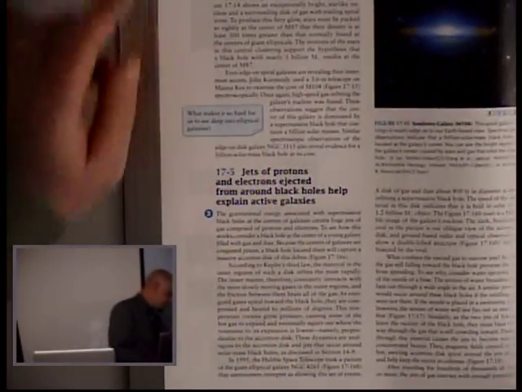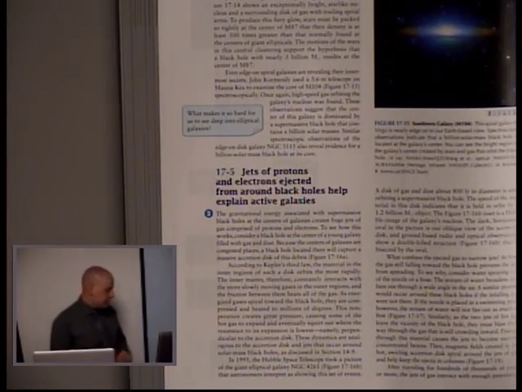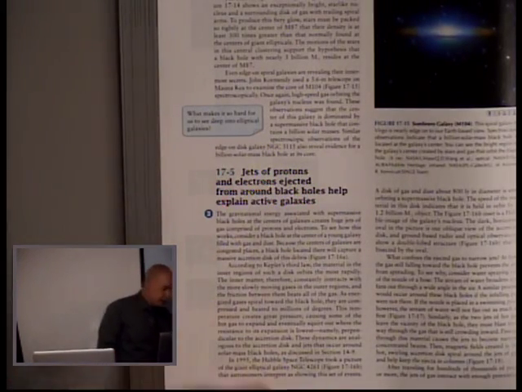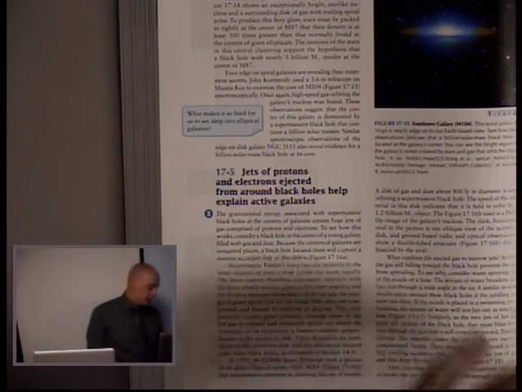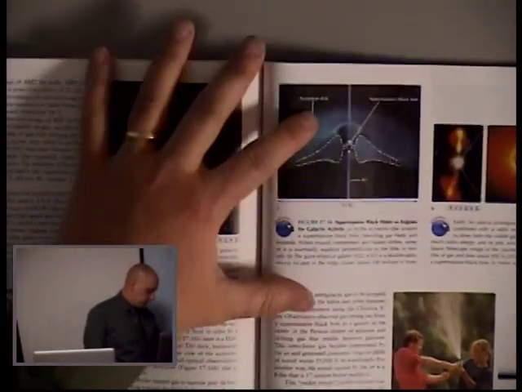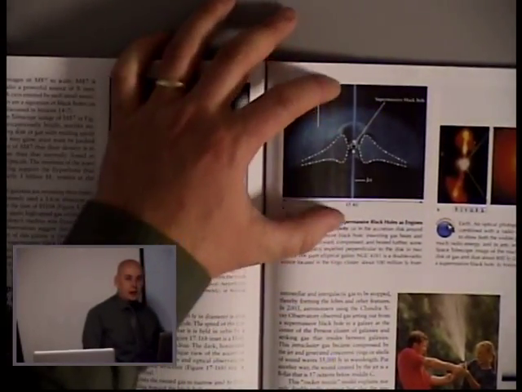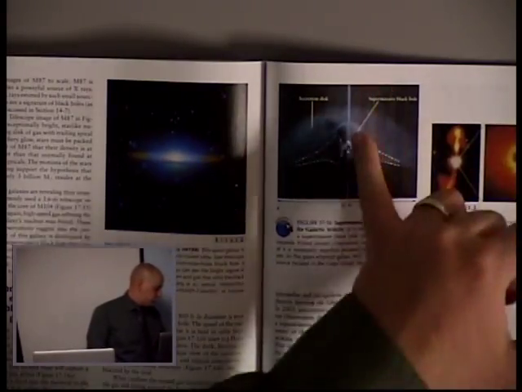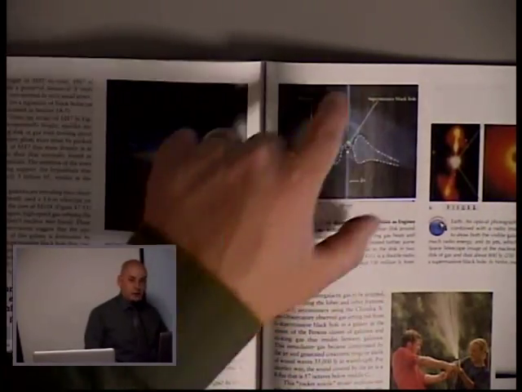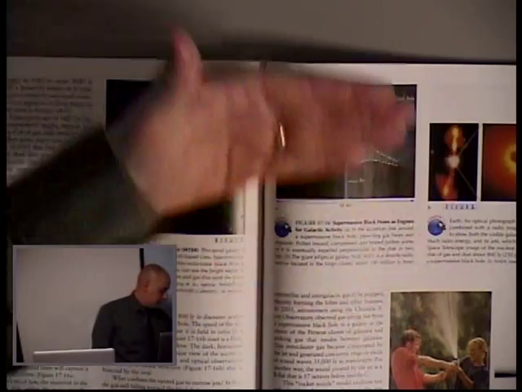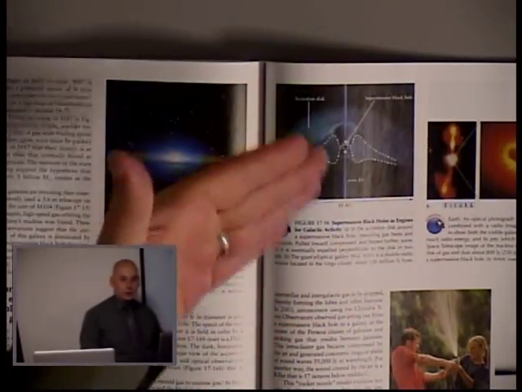Some other evidence for this is that we see these jets. We see energy being emitted out of them. And here on the top of 531, we see a diagram of this material being shot out. Around here is an accretion disk, and this is supposed to be a cross-section, if you will, like we're looking into it.